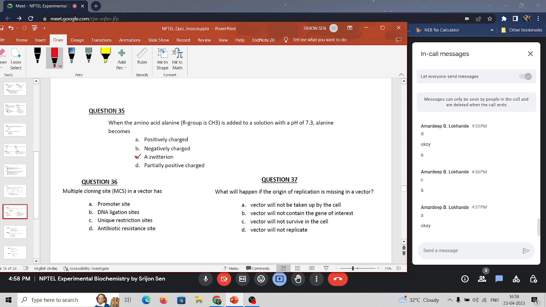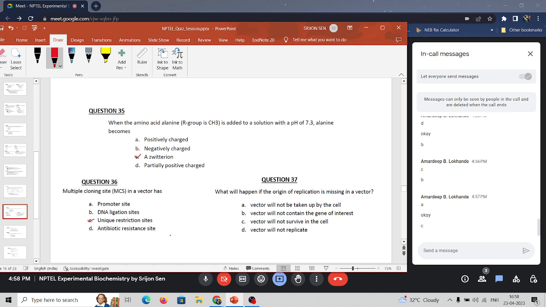Okay, next. Question number 36. Multiple cloning site in a vector has. So what does multiple cloning sites in vectors have? Very good. It has unique restriction sites, or the enzymes which are responsible for cutting your DNA at specific sequences.